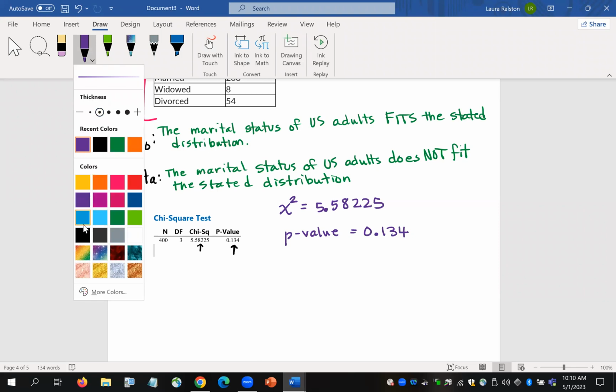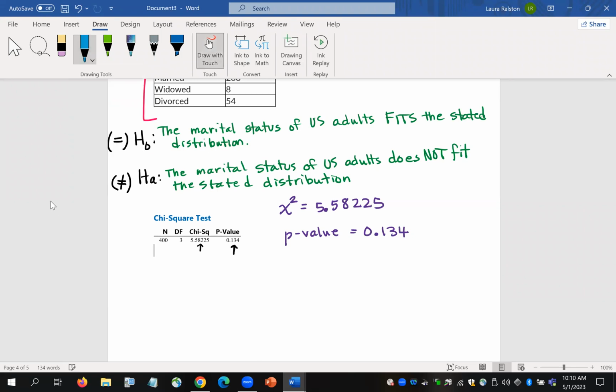We then have to make our decision. To make our decision, we compare the p-value, which is 0.134, to the level of significance, which is 0.05.